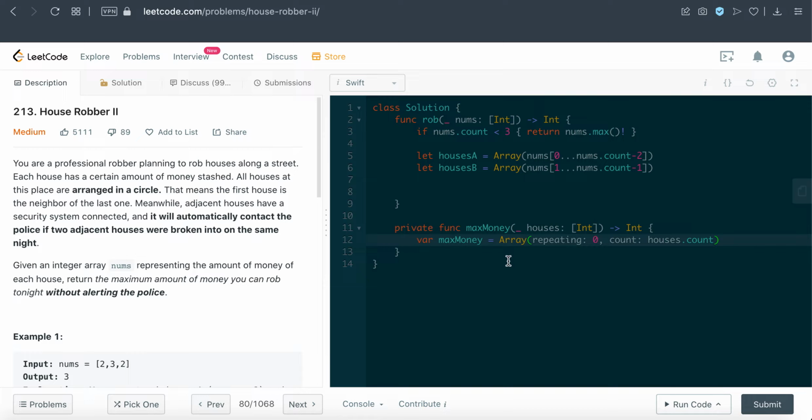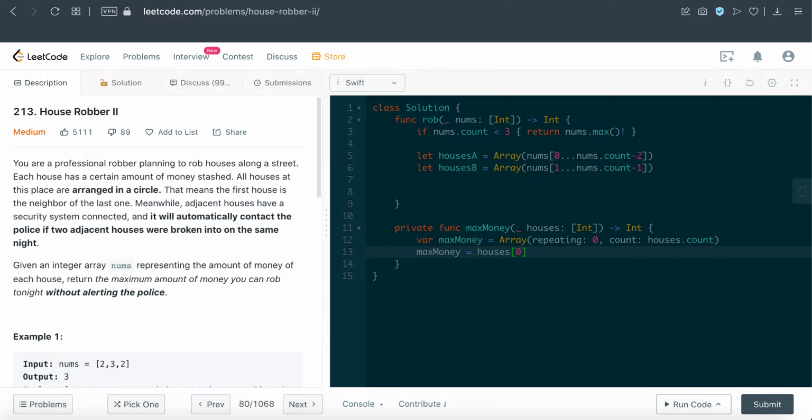houses.count. Essentially what this max money array represents is the maximum amount of money that we can rob at each house, right? So at index 0, basically we face the option of robbing one house, and the maximum amount of money that we can rob at one house is basically that house itself, right?